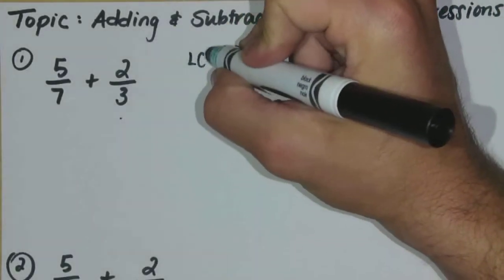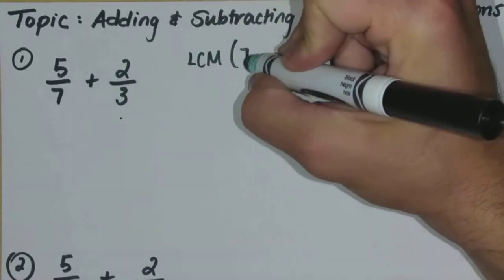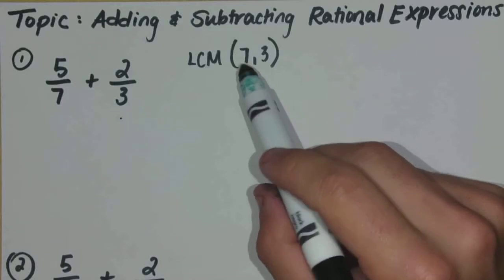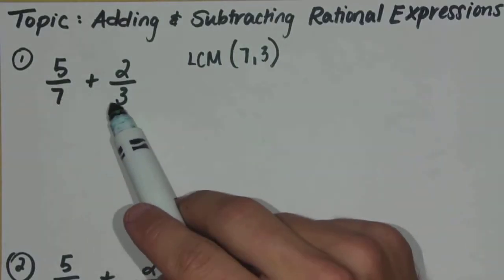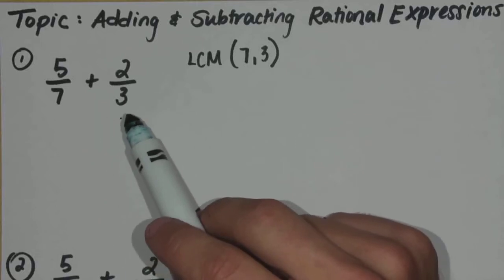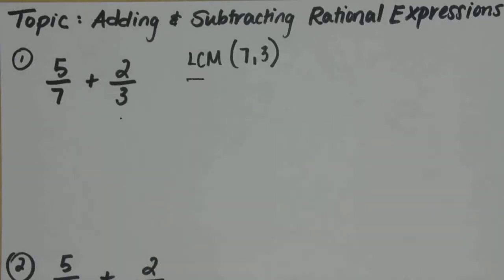If I find the LCM of 7 and 3, that gives me a number that both 7 and 3 go into, and it will be the smallest one. That's why the L is there: least common multiple.